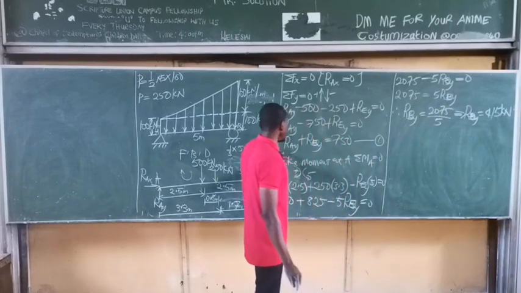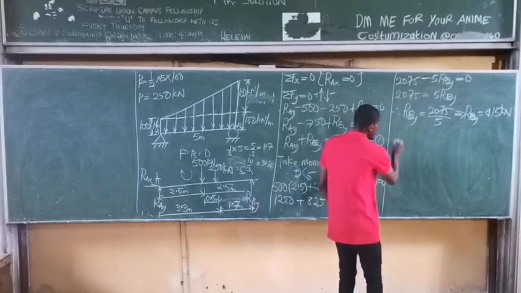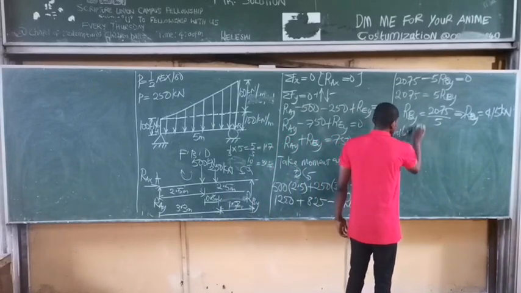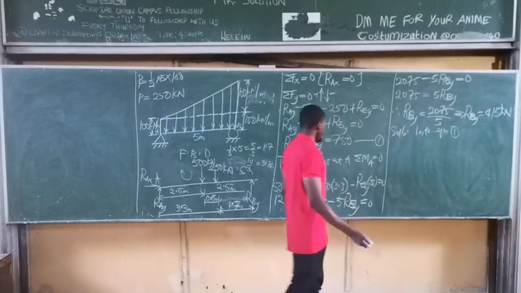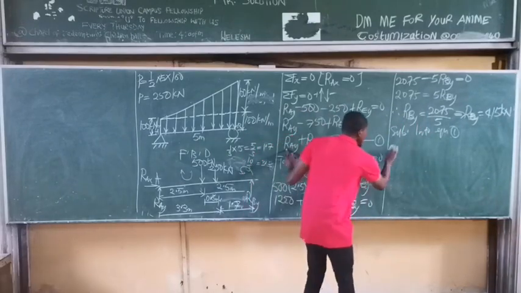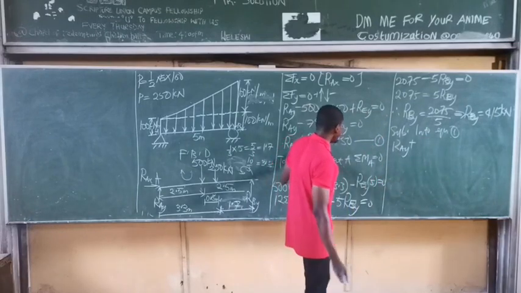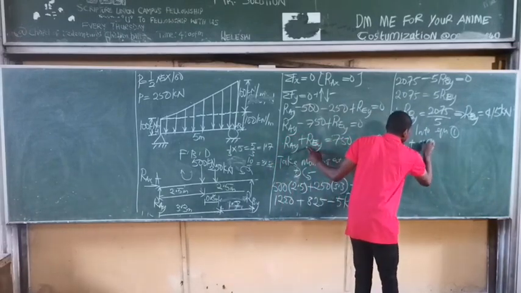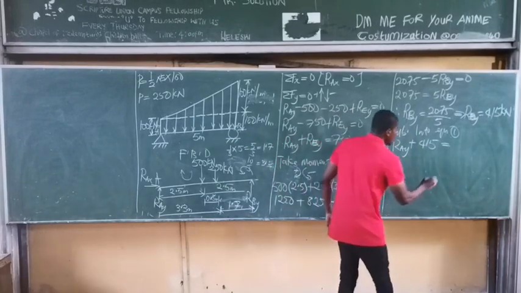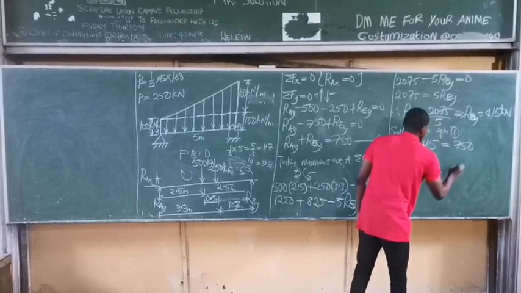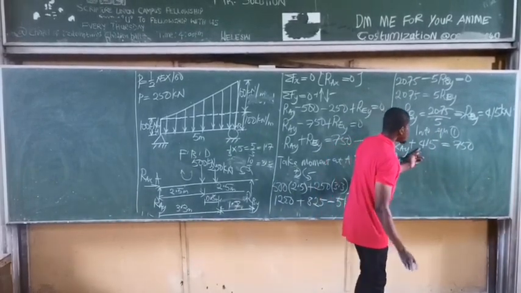Now, to find RAY, we simply substitute that into equation 1. So from equation 1, we have RAY plus RBY, and RBY gives us 415, and that's equal to 750. So to make RAY subject, we send 415 over here.